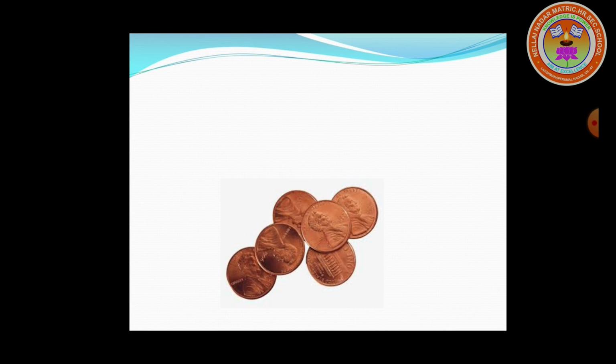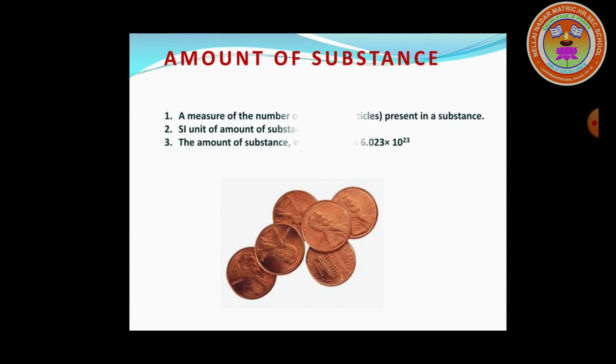So there is an indirect method to count the number of atoms or molecules in a substance, in the multiples of mole. That is taken as another quantity, the amount of substance. Already you know this is one of the fundamental physical quantities, the amount of substance. So next we move on to what is amount of substance.